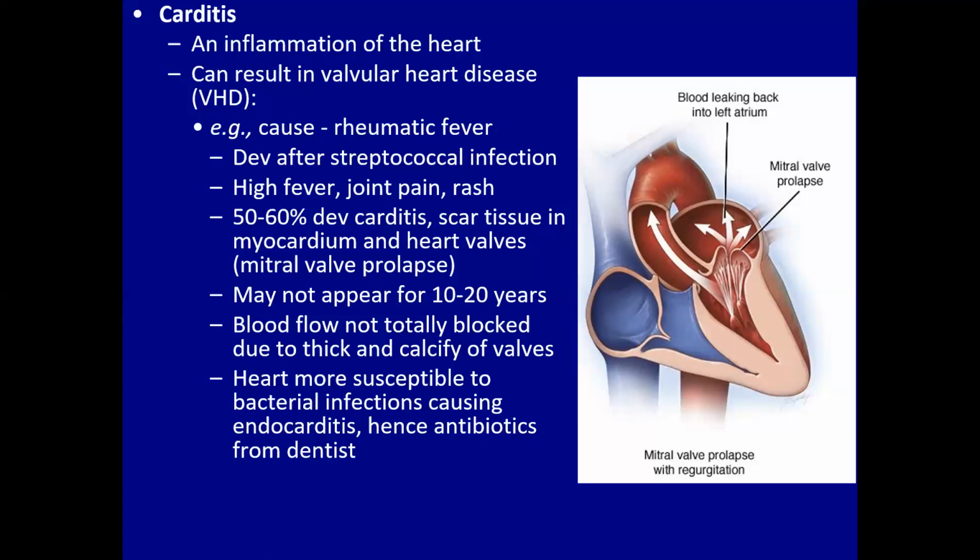It's because the valves calcify and they thicken and they don't work appropriately. Because a person who has this has a heart that is more susceptible to bacterial infections, which can cause endocarditis, which can be life-threatening, a person who has this disease or disorder, or a person who just has a heart murmur, period, may go on something called prophylactic antibiotics prior to having any dental work done.